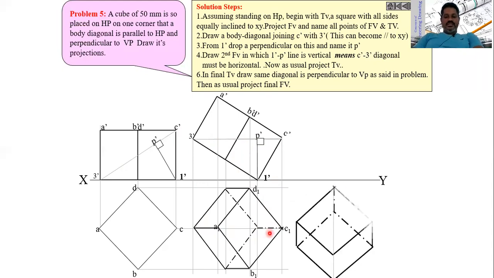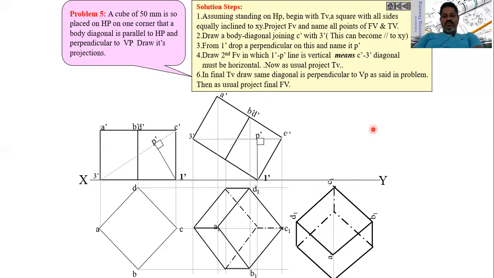Then name all those points like this, take the compass and draw a vertical line, a perpendicular line to XY. Then transfer all these points with respect to this vertical line to get the top view when the diagonal of the cube is perpendicular to VP.